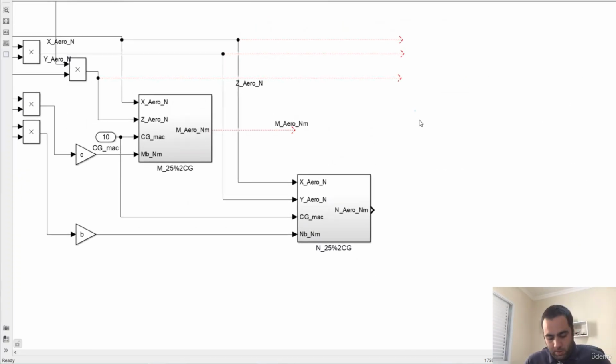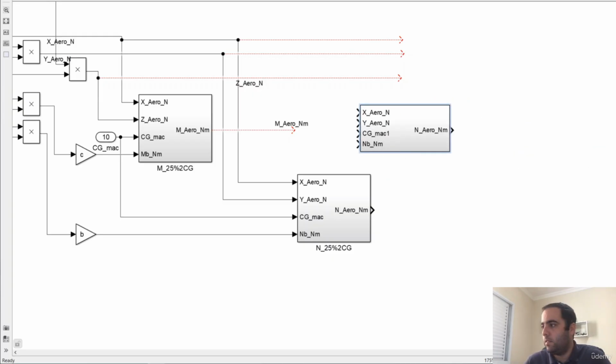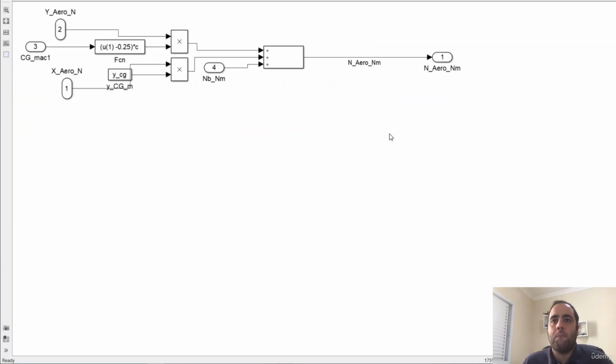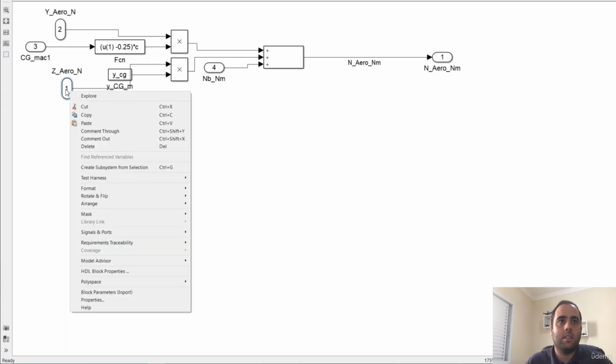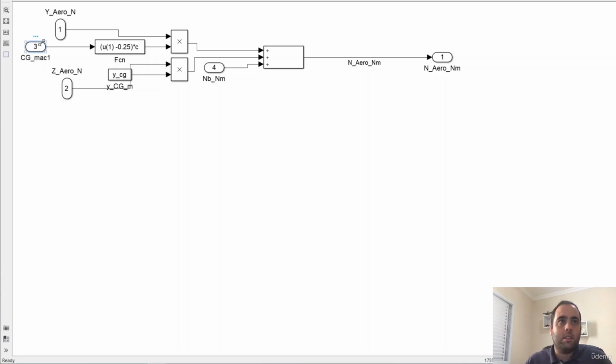Let's do it for the L moment. That's the first one. So this is going to be L 25% to CG. We're going to need the Y and the Z for this one. We'll not need the CG anymore. Just need the YCG and the ZCG here.